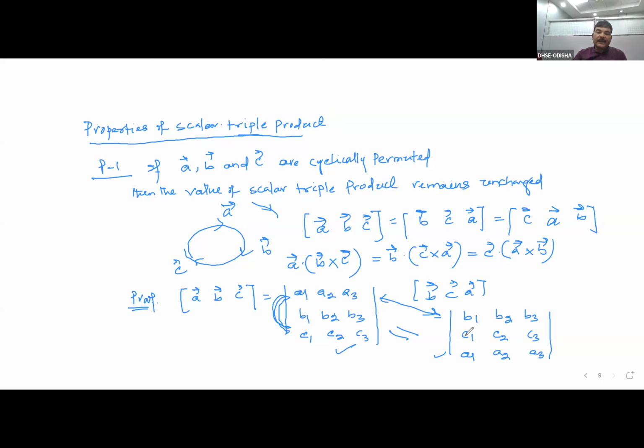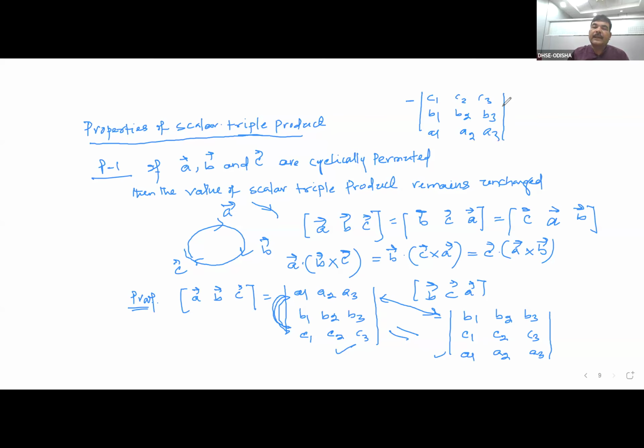Suppose I write it separately. We change row 1 and row 3, and a minus sign develops, giving rows C1, C2, C3; B1, B2, B3; A1, A2, A3.